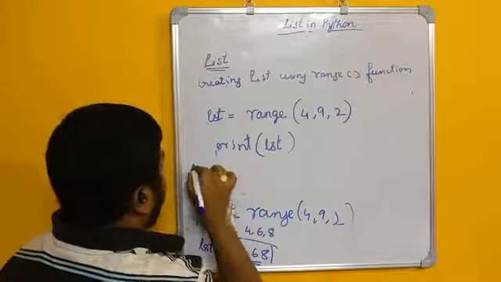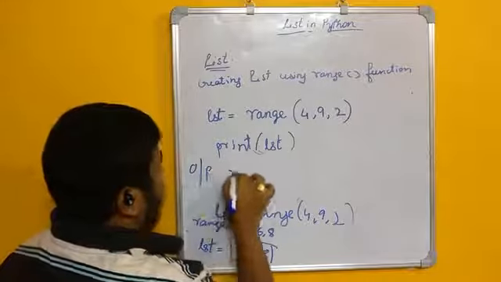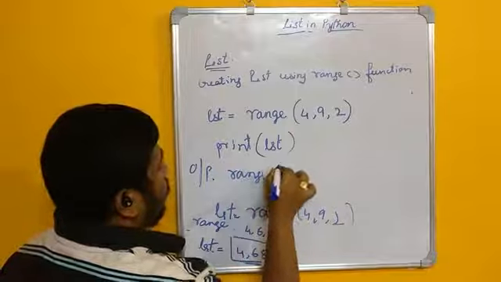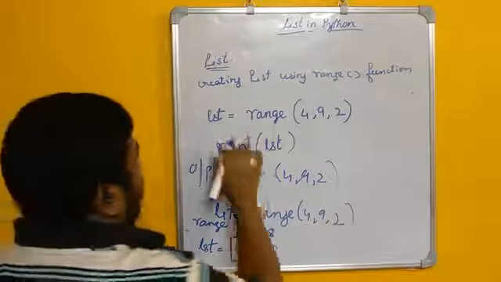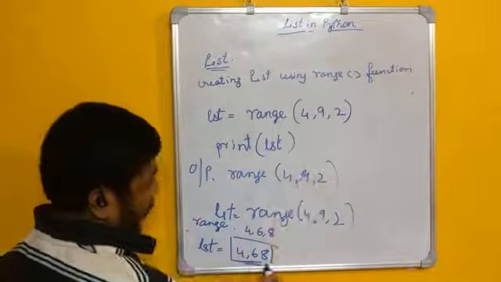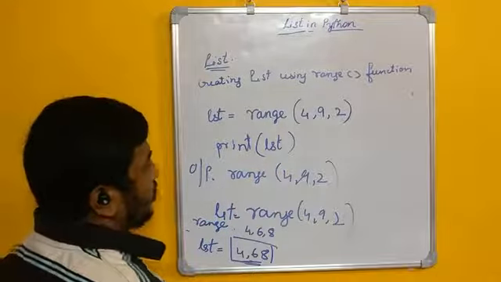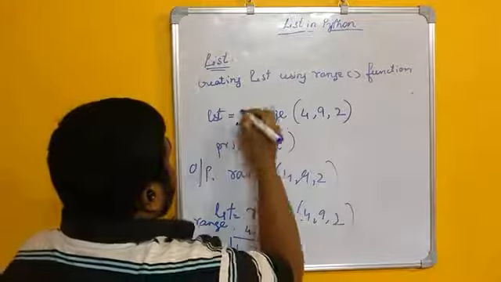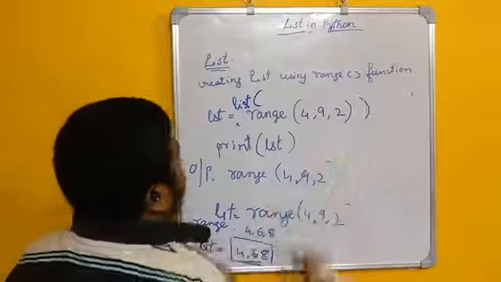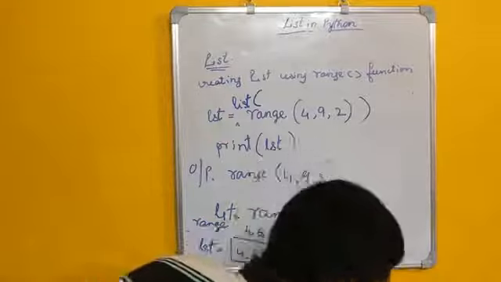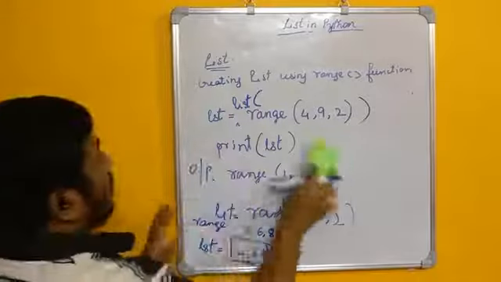So our output will be range 4, 9, 2. To print these values, we have to create a list. For that, what do we have to do? We have to create a list. List is a function to create the list.